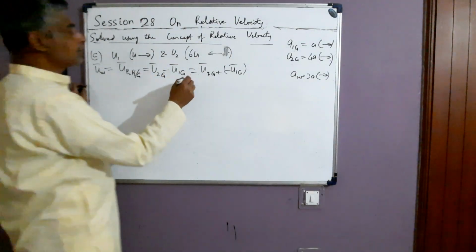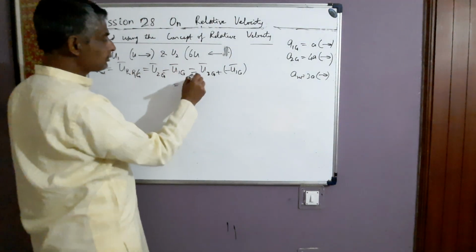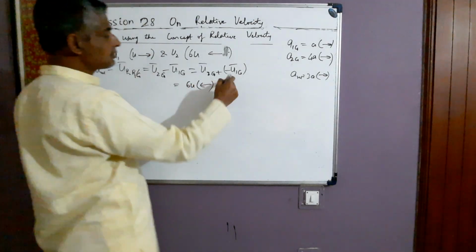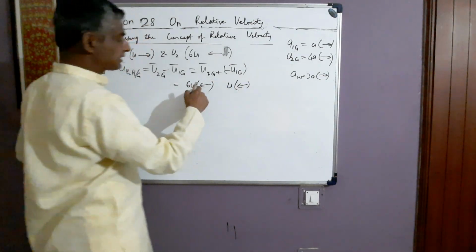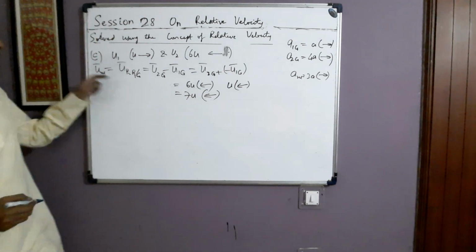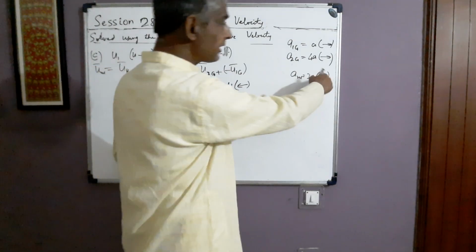Now U2G is 6U left, and U1G is U right. So minus U1G is also U left. So the vectors of these two will be 7U left. So this is U relative. U relative is 7U left and A relative is 3A right.